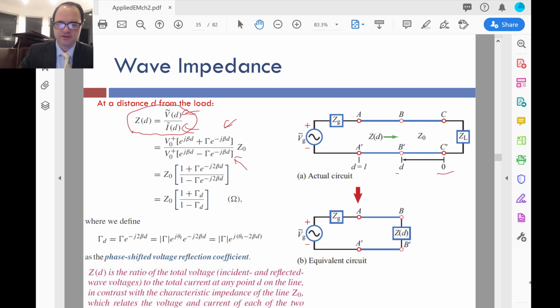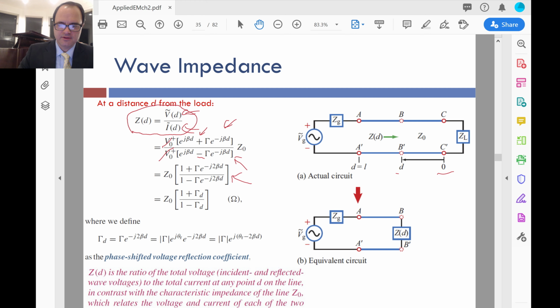The coefficient for I was V naught plus over Z naught, so the Z naught can come up here. For the reflected component, there was the reflection coefficient, but you also had the minus sign there for the current, but for the voltage you had the plus. The V pluses cancel out, and you can bring out the Z naught in front, and you get this equation right here.